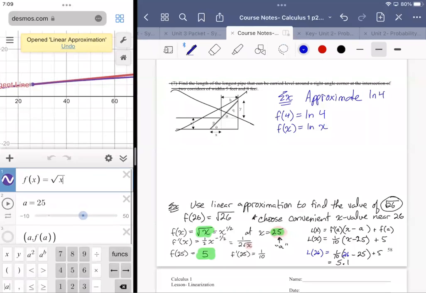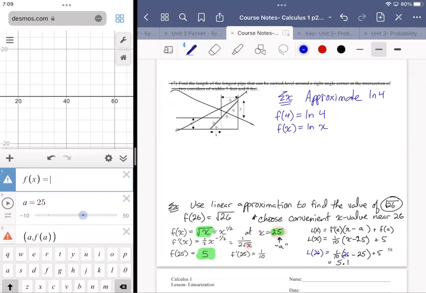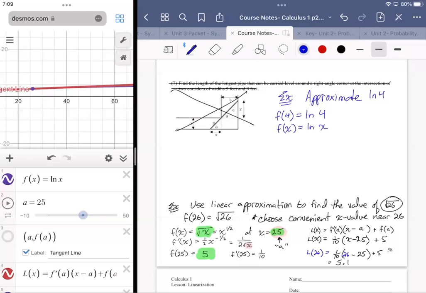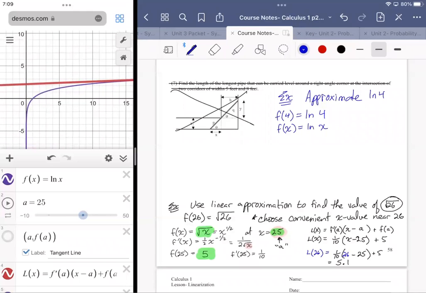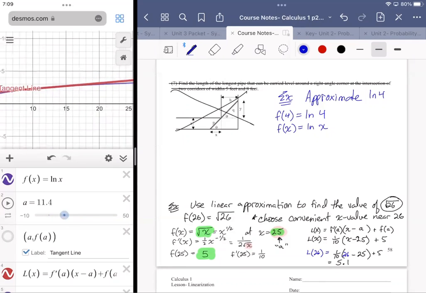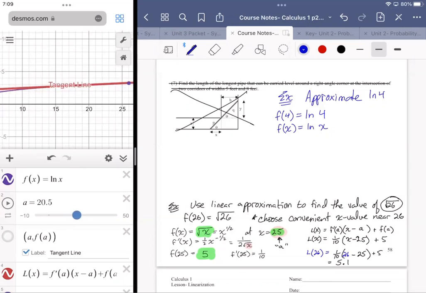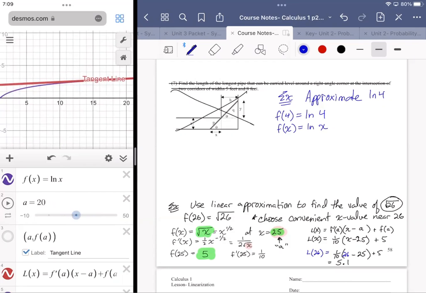I'll put in ln of x. It'll give you a good look at what a tangent line's behavior would be. And you can see, very much like a root function, the tangent line will be a pretty good approximation for the natural log function. So this is a good license to use this technique to find an approximation.